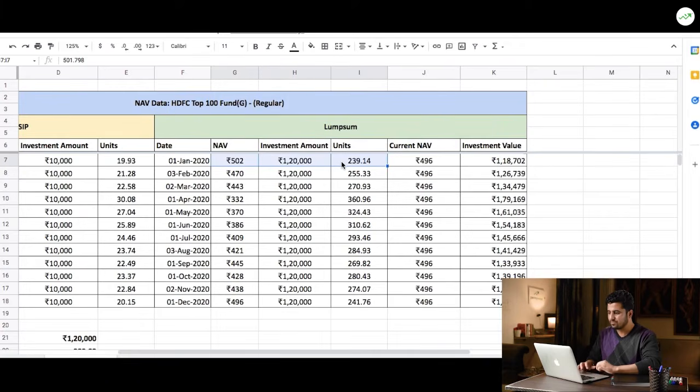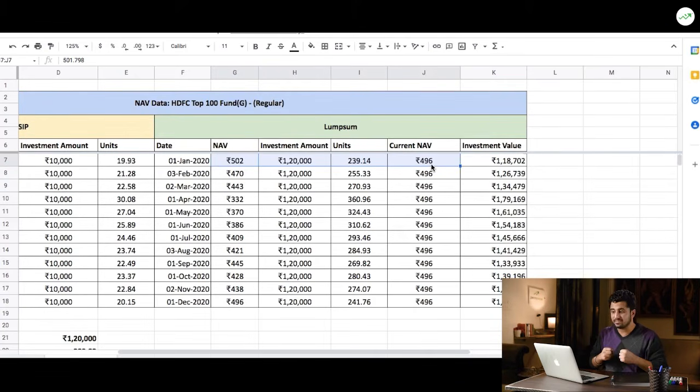Now, on 1st of December 2020, we've taken this data from 1st Jan 2020 to 1st of December 2020. On 1st of December 2020, the price of one NAV went down to 496. From 502, it went down to 496.